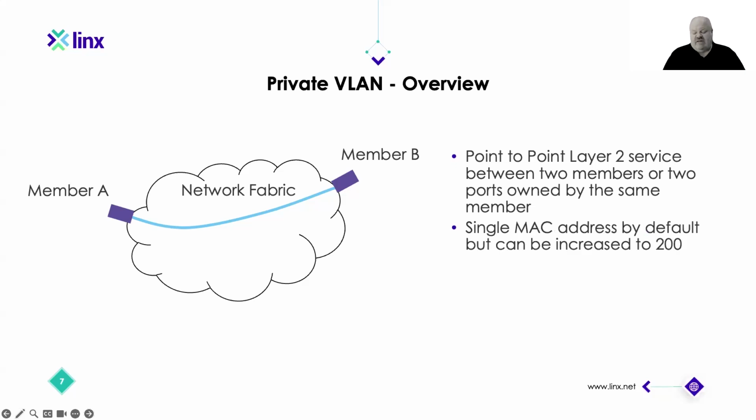By default, similar to how we configure peering LAN ports, we restrict it to a single MAC address at the port. But on request, we can increase that up to 200 MAC addresses. Again, it depends on your use case, what you are using the service for.